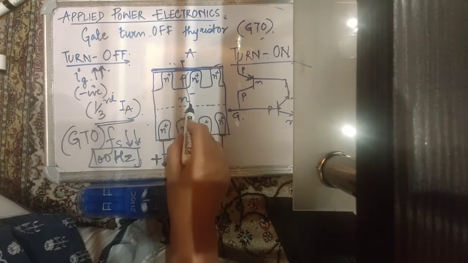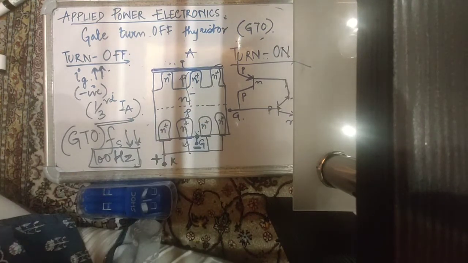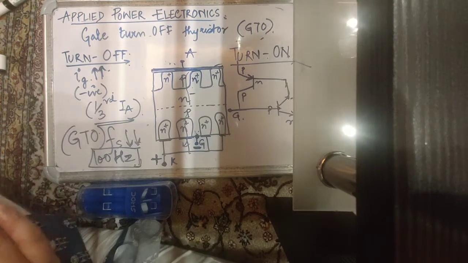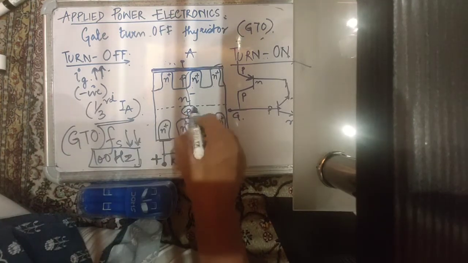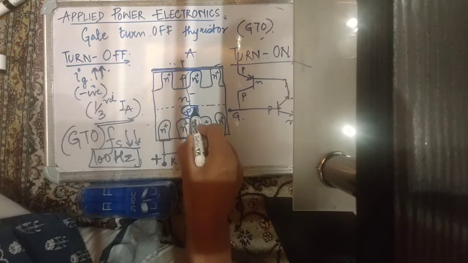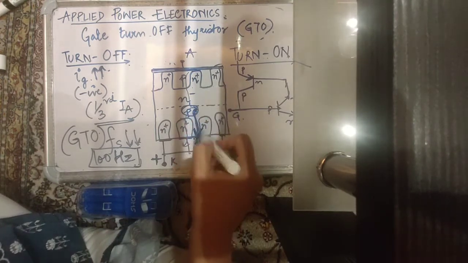But your intention is that you have to turn the device off. So you have to wipe off all the carriers, diminish those carriers, and then your device will turn off. Now the majority carriers in this P region, those are the holes, will get attracted towards the gate. So the gate terminal will actually intercept a part of the anode current and flow in the form of a negative gate current.